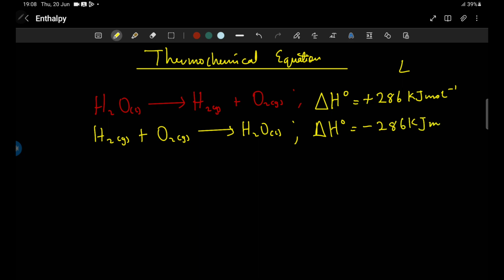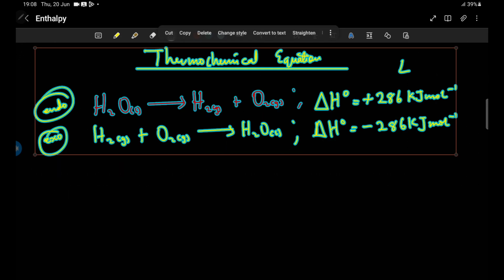So you tell me which one is exothermic and which one is endothermic. Yes, this is exo, negative, and this is endo. This absorbs heat. As simple as that. Now let's talk about reaction profiles.